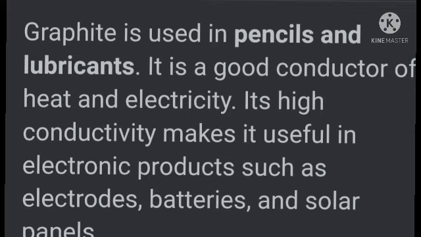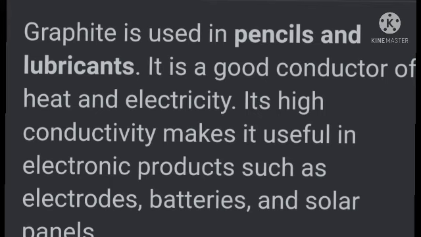Through graphite electricity can pass, so it is used for making electrodes, and it is chemically inactive and a good conductor of electricity. Third use, it is used for making refractory crucibles, meaning small vessels used in the laboratory for heating purposes.